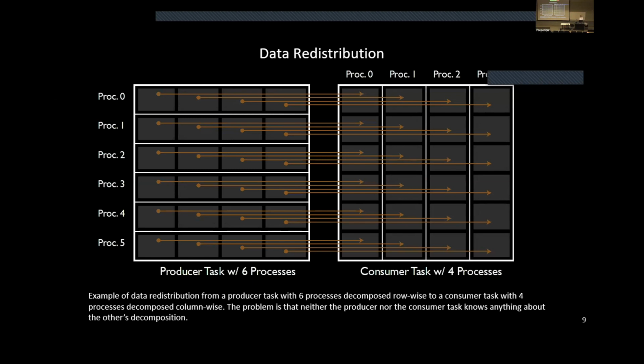These are independent codes written independently, and they just happen to be launched at the same time, but they know nothing about each other, right? And now the question is, how do we send only the intersection of rank 0 on the producer to rank 1 to rank whatever on the consumer, the intersections that logically intersect. We talk about this in the paper, how we actually pull this off. I won't have time today to explain it, so that's your teaser to go read the paper, how that's done, but that actually works correctly.